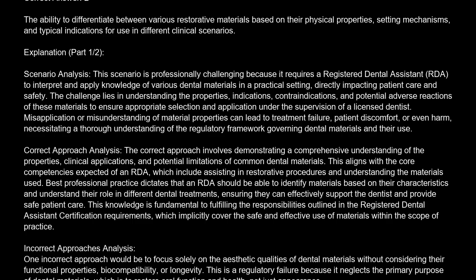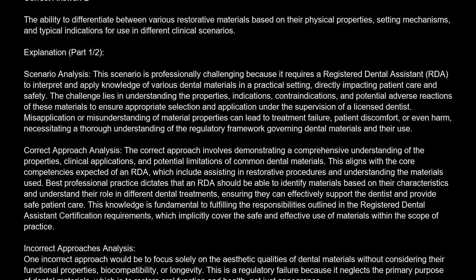Correct approach analysis. The correct approach involves demonstrating a comprehensive understanding of the properties, clinical applications, and potential limitations of common dental materials. This aligns with the core competencies expected of an RDA, which include assisting in restorative procedures and understanding the materials used.